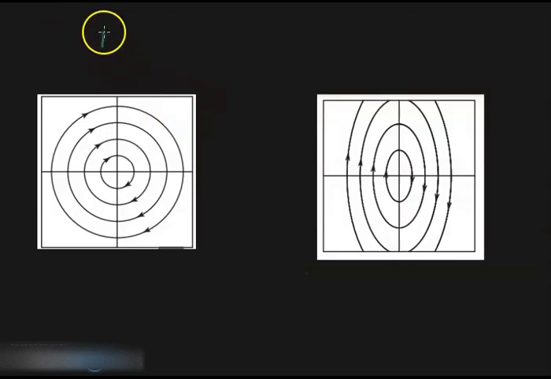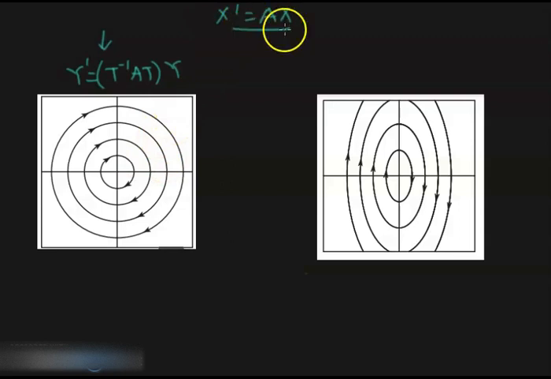Now I'll show you what is going on in the phase portrait. This part is for y prime equal to T inverse A T y. When we had a system x prime equal to Ax, we converted it into this form, and this is the phase portrait for it.